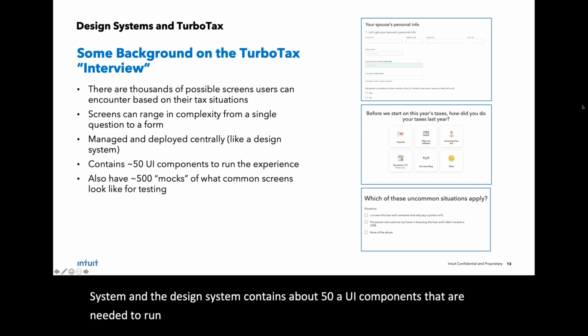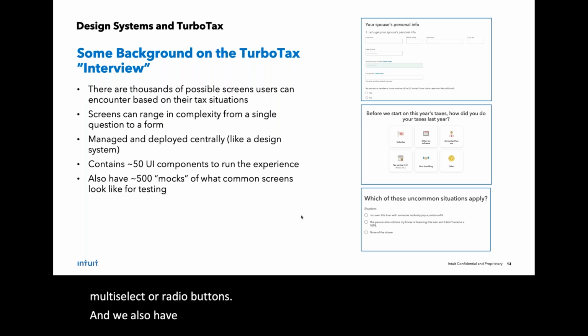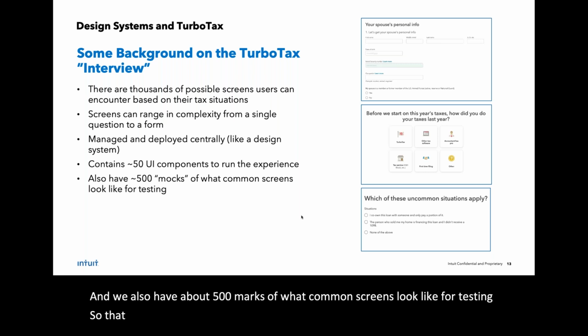So those are things like text, or these tiles, multi-select, or radio buttons. And we also have about 500 mocks of what common screens look like for testing, so that we have some of those patterns available without having to necessarily go straight into the product.